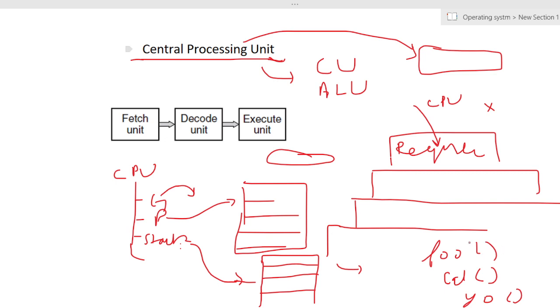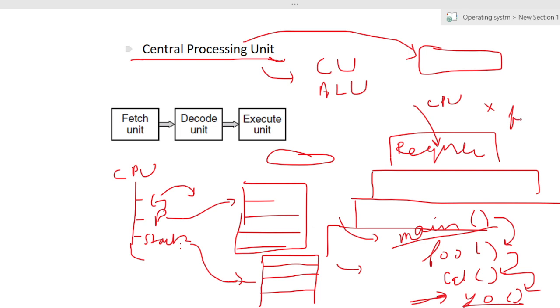Firstly, there is a main function, which is handled first, as in C++. Then after executing main, it comes to foo, then it comes to cal, and then it comes to yo. So currently we are executing yo. So the stack pointer will point to the memory address of this particular function, right?